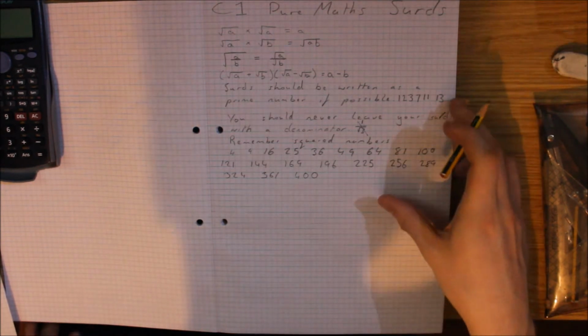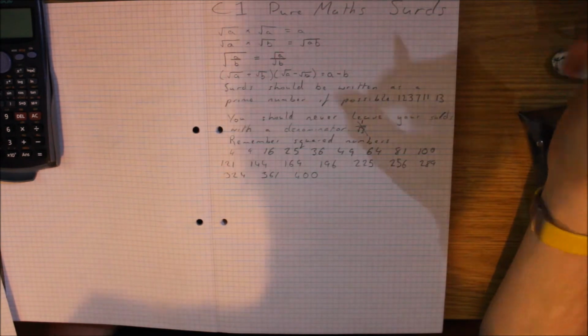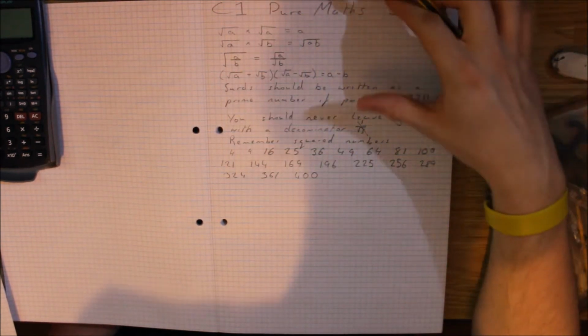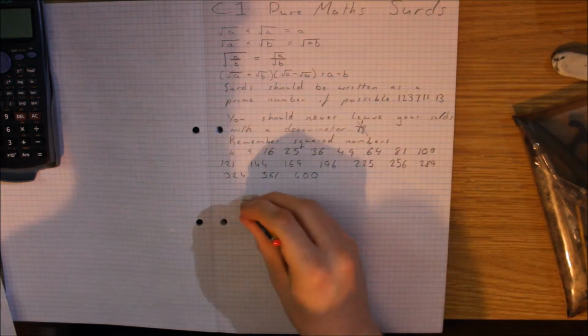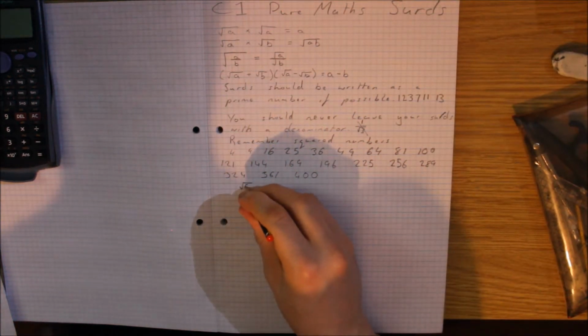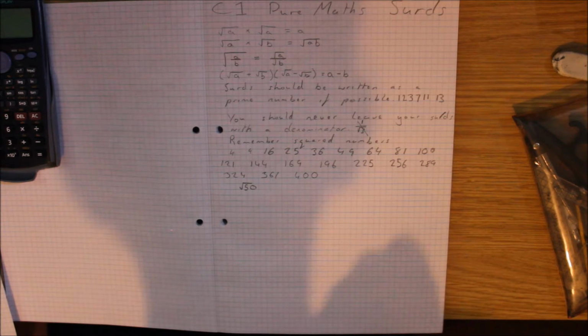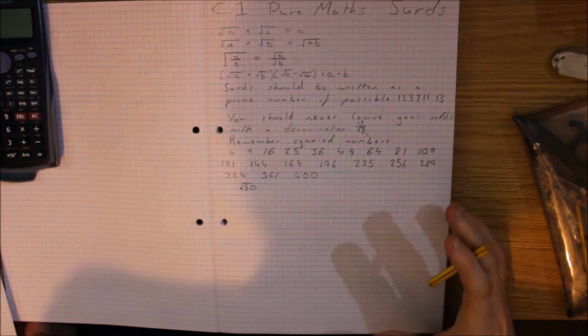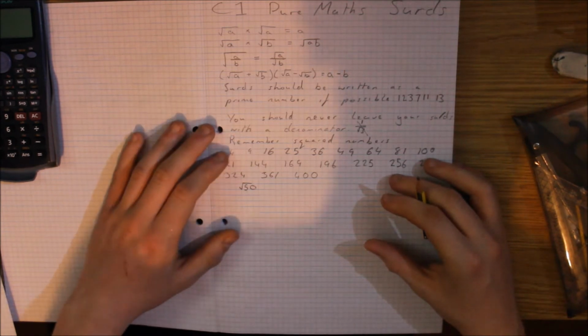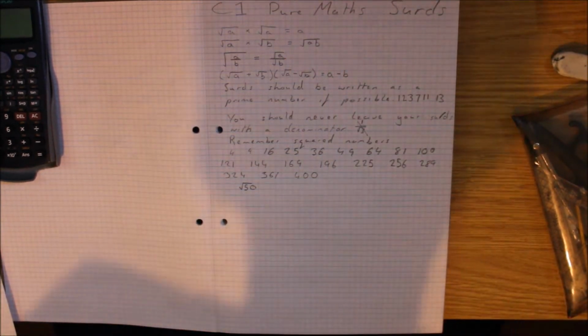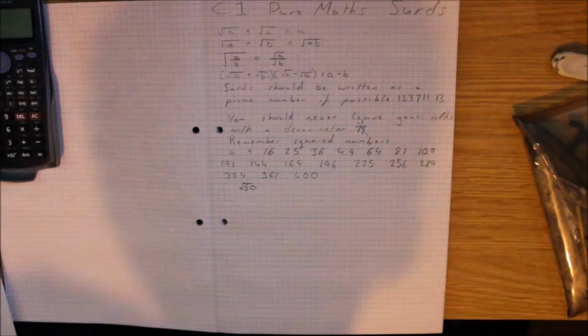So to go through these rules in questions, I'm going to do a few of them. Let's start off with a simple one: root 50. We're basically looking for either a prime number or squared numbers.